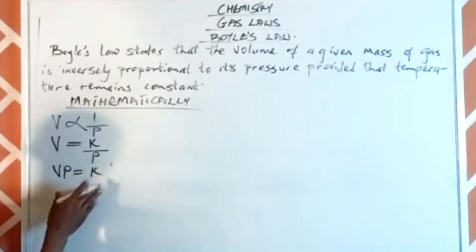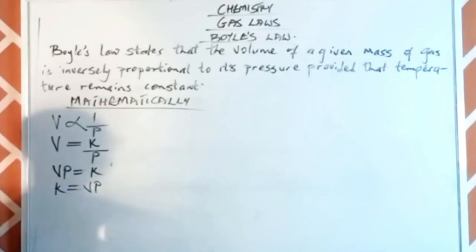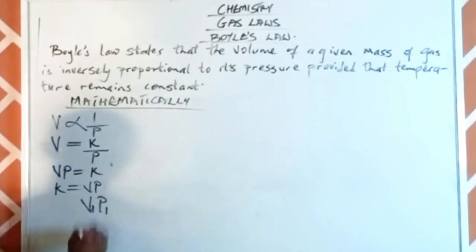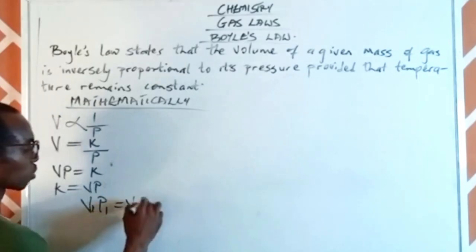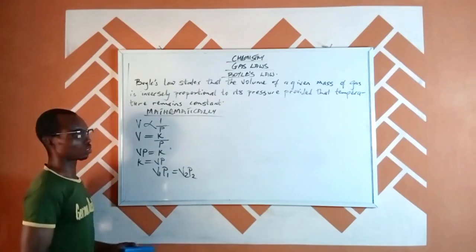So I can also rewrite it to be k equals VP, and that invariably means V1P1 equals V2P2. So this is just what Boyle was trying to talk about.